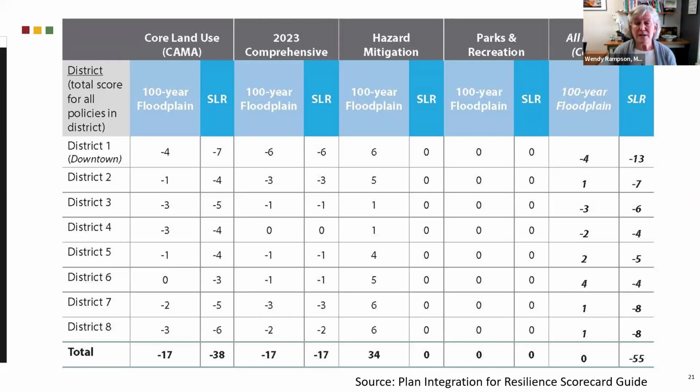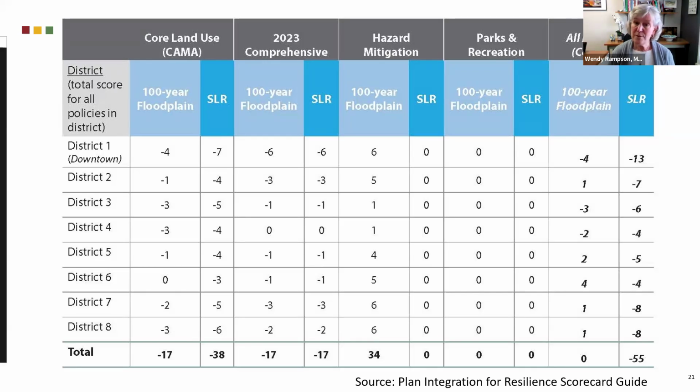Here's an example of a completed scorecard from one of the pilot communities, Washington, North Carolina, which is located on the Pamlico River off the Atlantic coast. The left column shows the different planning districts identified in the mapping exercise. Across the top are the 4 plans that were consulted in this case: the core land use plan, the comprehensive plan, the hazard mitigation plan, and the parks and recreation plan.